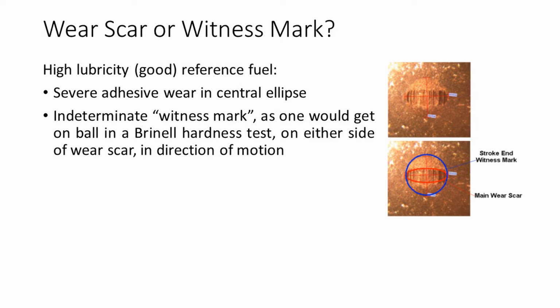The conventional method of measuring the wear scar on a ball sample is to measure the wear scar diameter in the direction of sliding and perpendicular to the direction of sliding. But how do we know in a low wear situation that what we are measuring is wear and not simply a sort of witness mark as one would get on a ball in a Brinell hardness test?